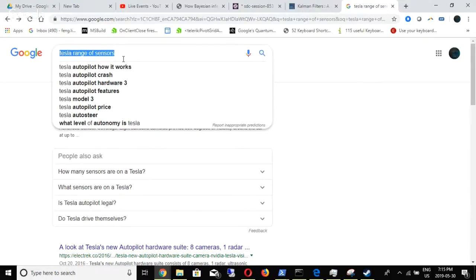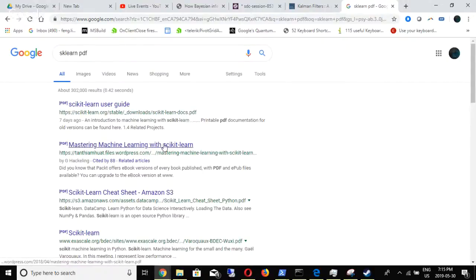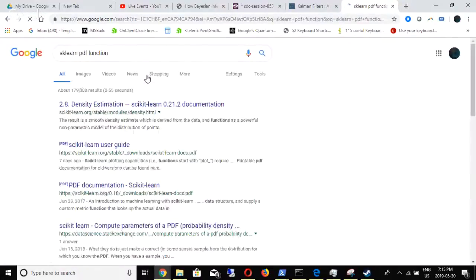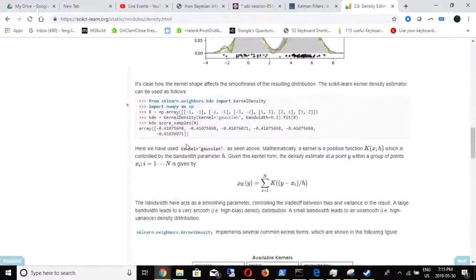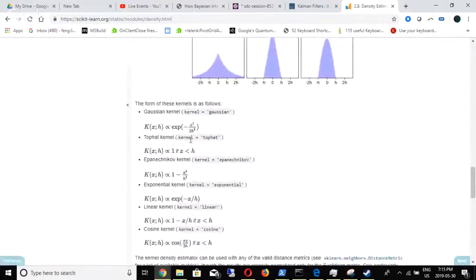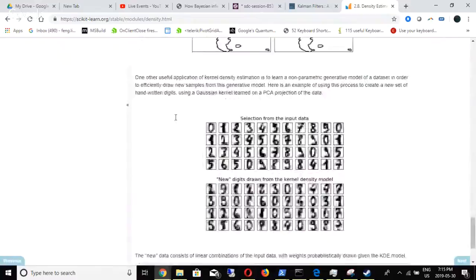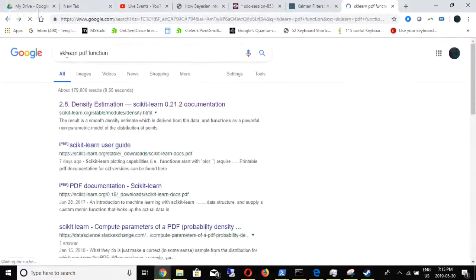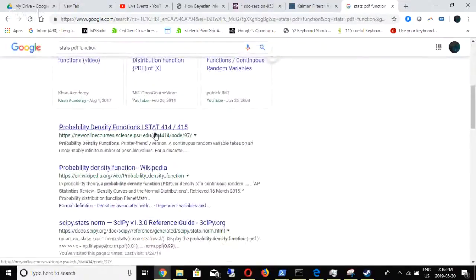Okay, so let's look for a PDF. I believe this is in sklearn. Nope, that's not what I meant. Oh, there's this scipy.stats norm.